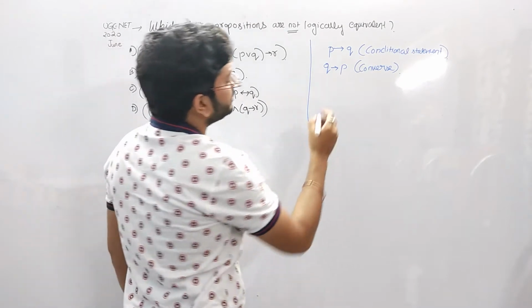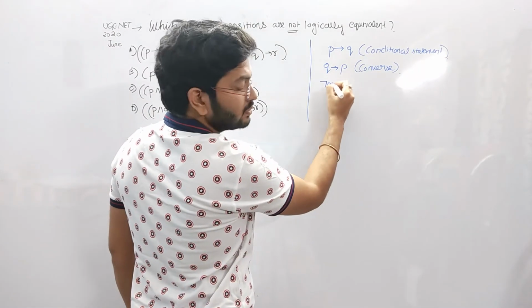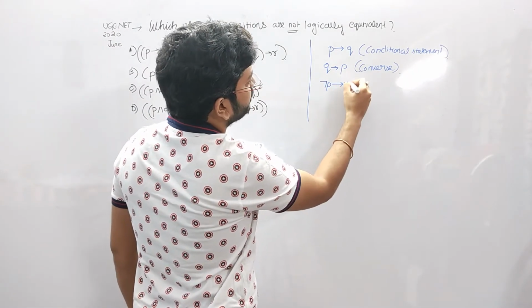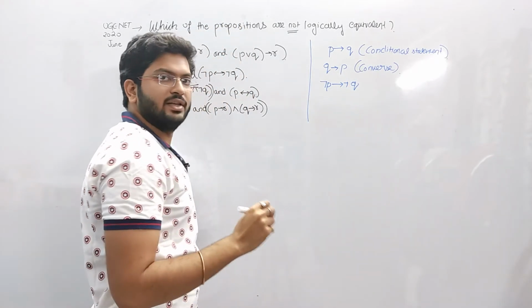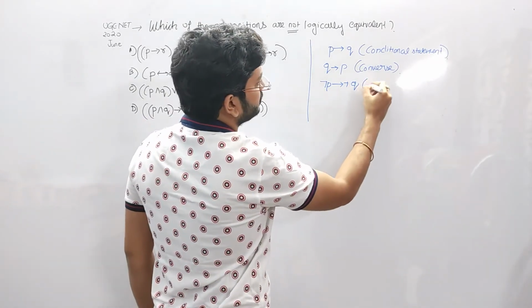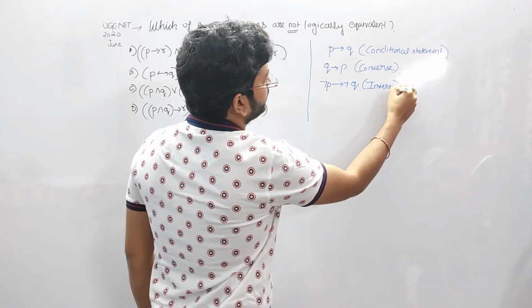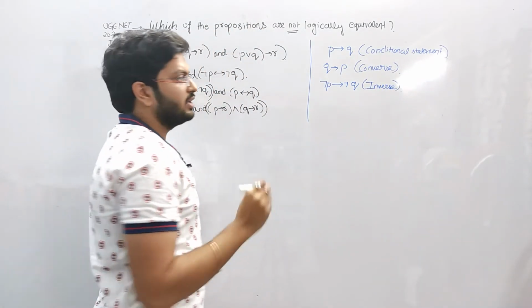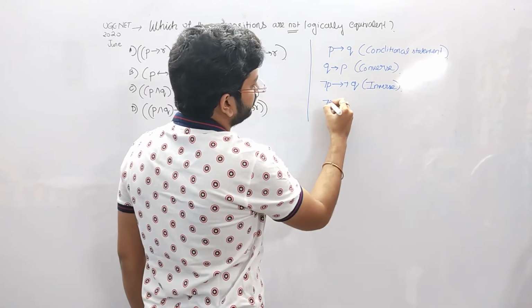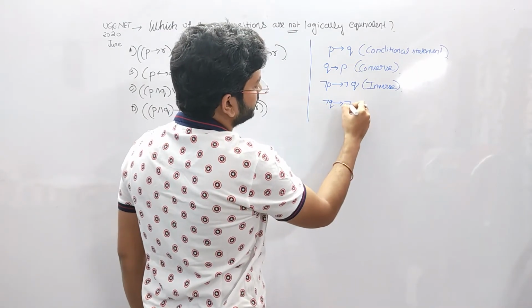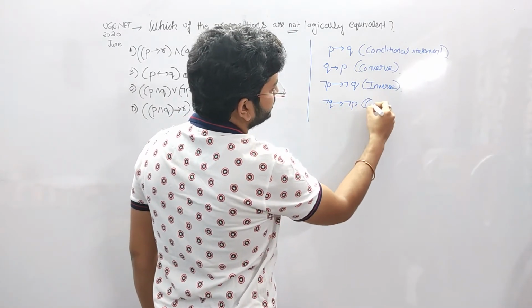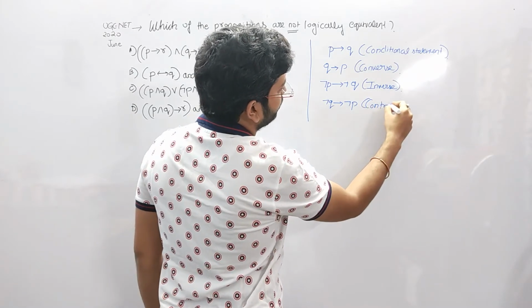Now the next part is negation P implies negation Q. This part is the inverse of the conditional statement. Now the last part is negation Q implies negation P. This part is known as the contrapositive.